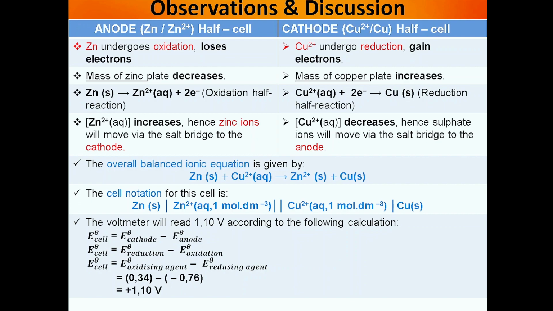So you're going to substitute there and find the difference between the cathode and the anode, and then you will get your solution. As you can see with the example that you and I were busy with, we realized that zinc had 0.34 and copper had 0.76. And then the difference between the two in this case became 1.10 volts. So that was the standard reduction potential EMF of what happened between zinc and copper.